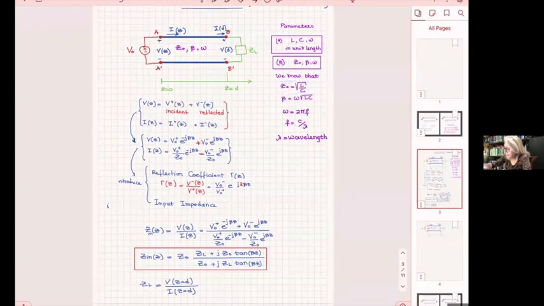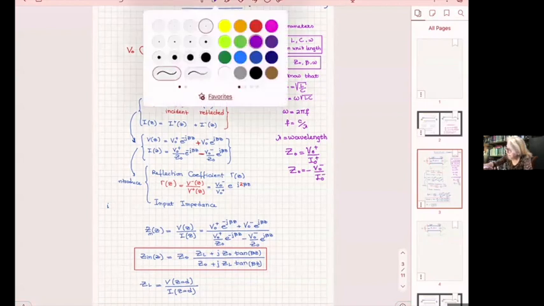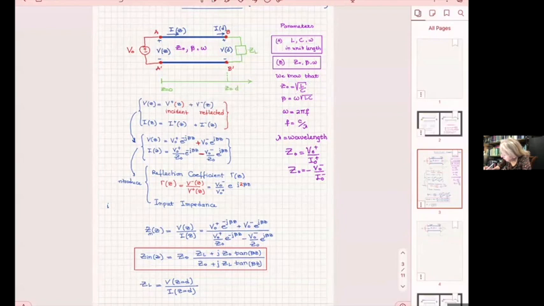I will write the relationship here also. There is one more relationship you need to remember, that Z naught equals V naught plus divided by I naught plus, but Z naught is equal to minus V naught minus divided by I naught minus. Oh, I see. There is a minus sign there. Yeah, thank you, Professor.